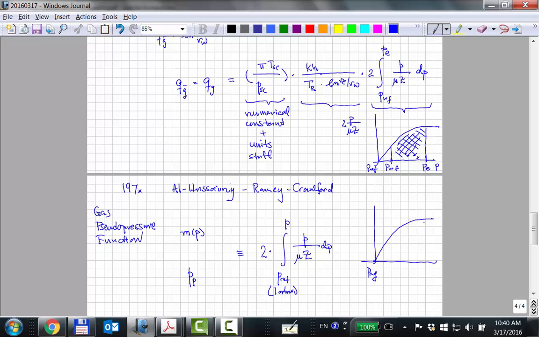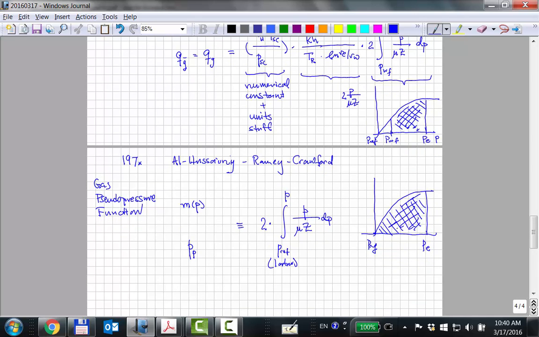So it's starting from here, going out to here. So if you take the whole area here, out to PE, then that whole area here is M of PE, right? It's integrating from the reference 0, whatever, out to PE.